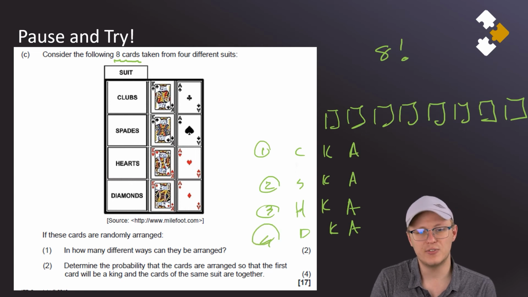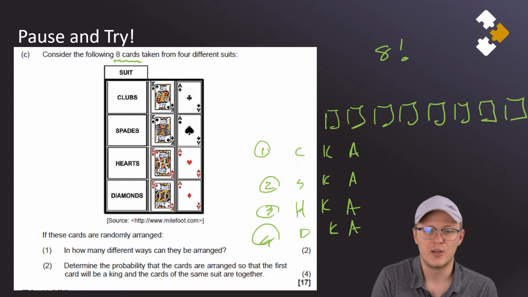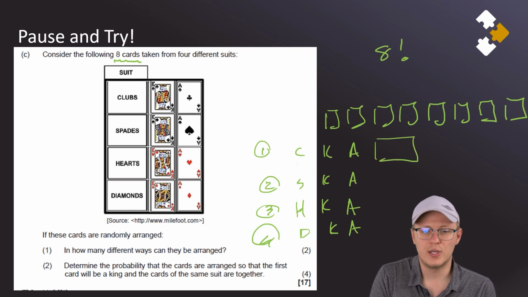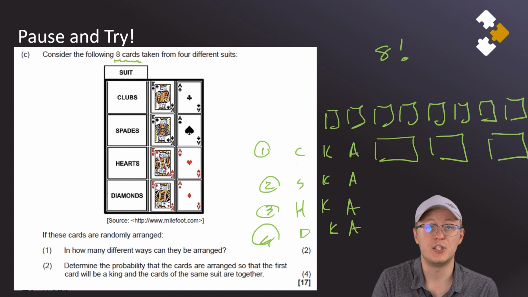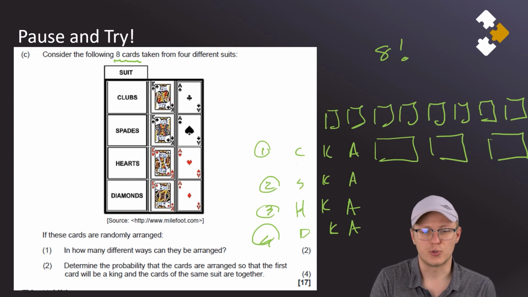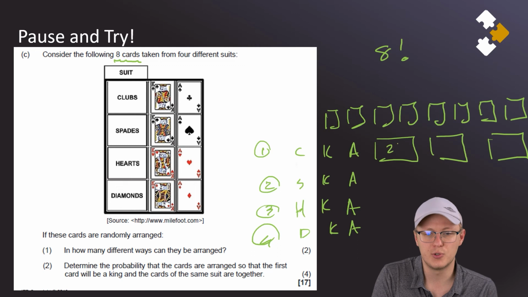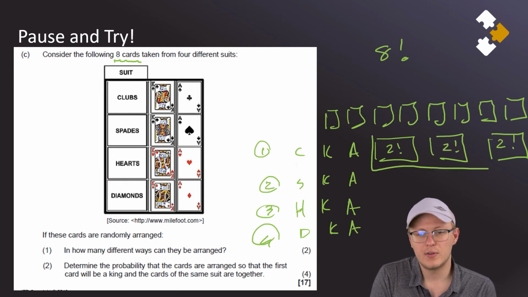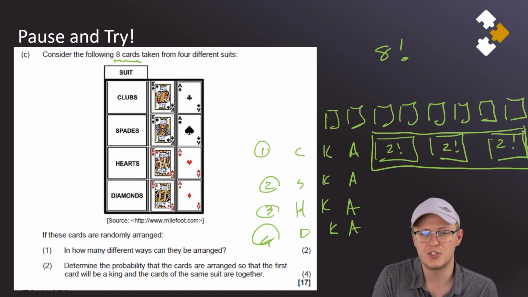And then the rest of it is pretty easy to determine, because here we will have 3 groups next to each of them. For each of these groups, you have to have the 2 cards together from the same suit, and that can be arranged in 2 factorial ways. And in terms of the suits, how those 3 groups are arranged can happen in 3 factorial ways.